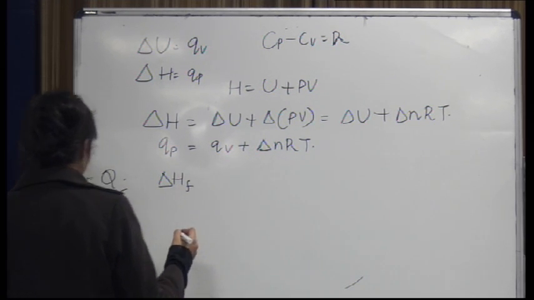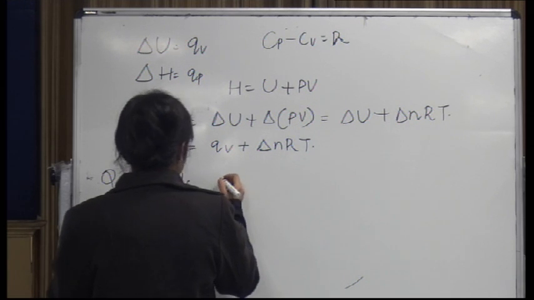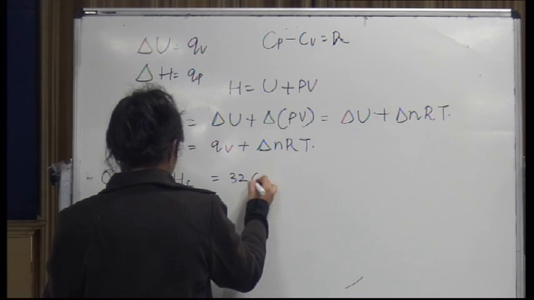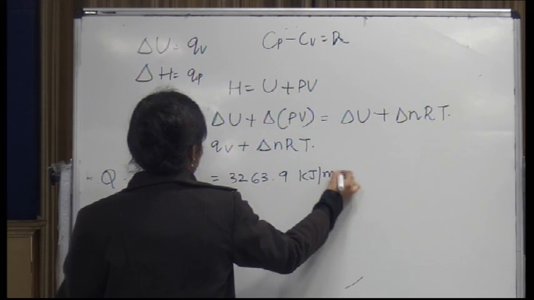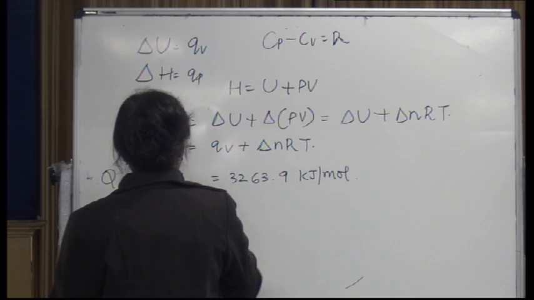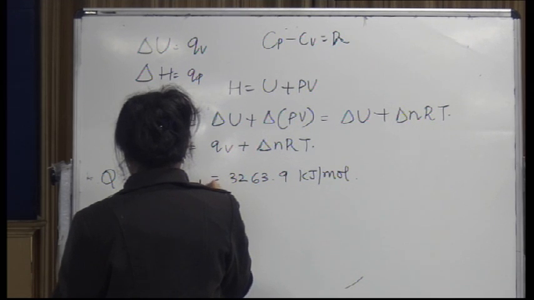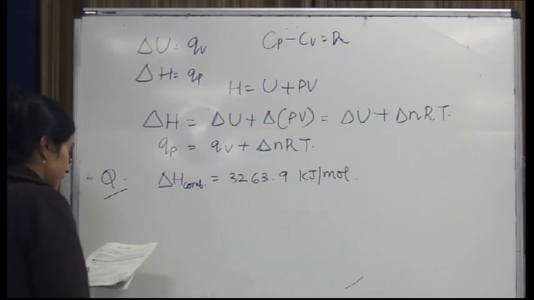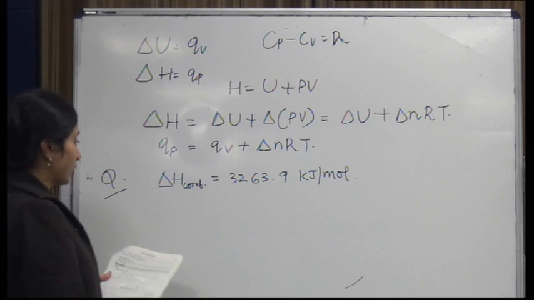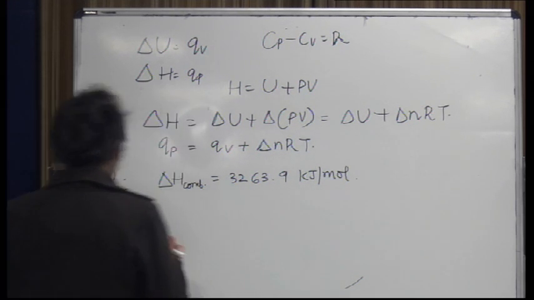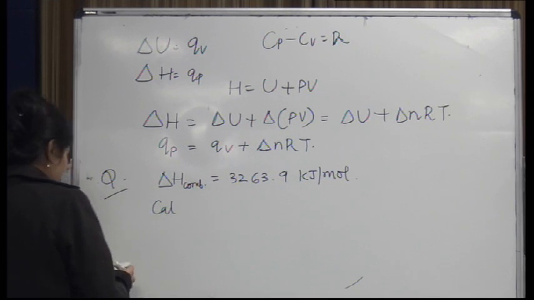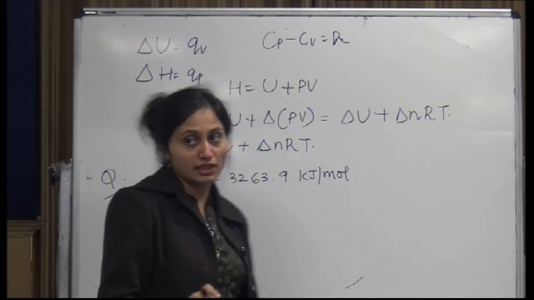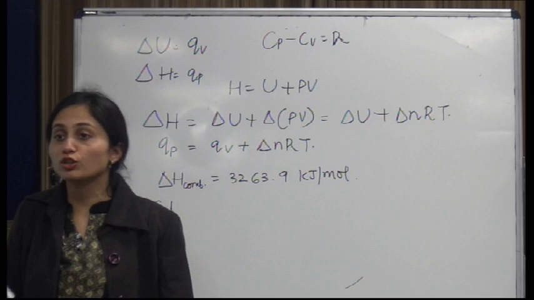in a bomb calorimeter was found to be 3263.9 kilojoules per mole. The heat of combustion of benzene was given like this. Now we have to calculate, I repeat, the heat of combustion in a bomb calorimeter. Now in a bomb calorimeter, generally the volume is kept constant.